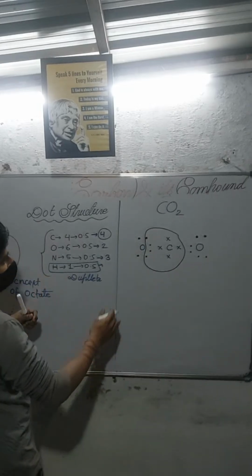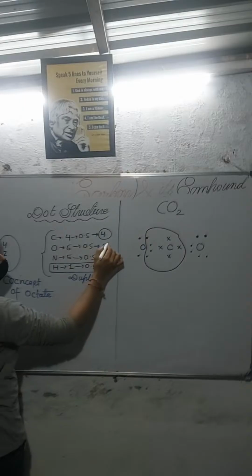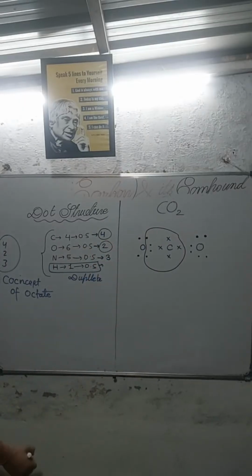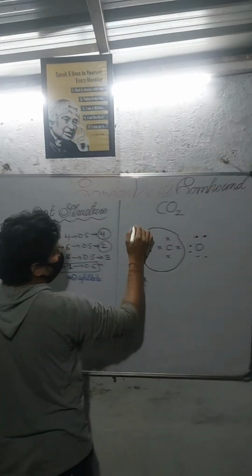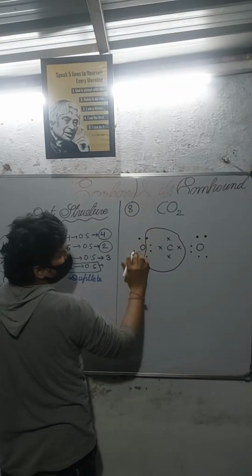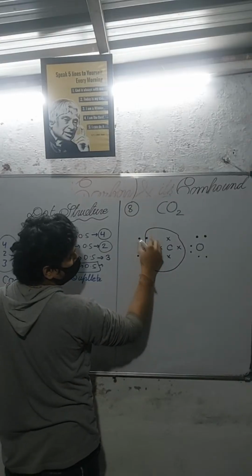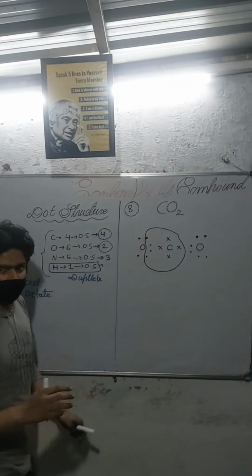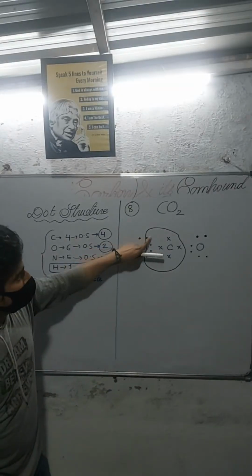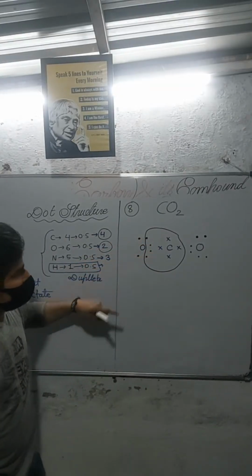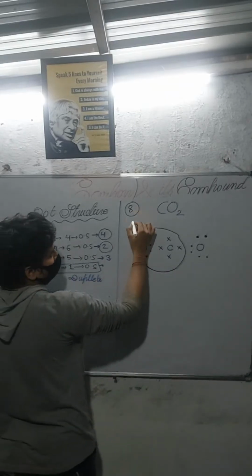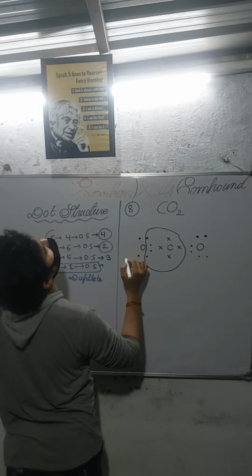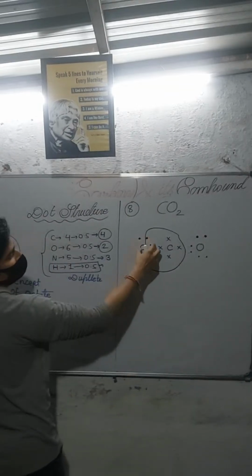And now we talk about oxygen. So how many electrons does oxygen require? 2. That means 6 plus 2 is 8. So oxygen requires a total of 8. So oxygen: 2 plus 2 is 4, plus 2 is 6. Once again, 1, 2, 3, 4, 5, 6. They need 2 more. So oxygen completes its octet, my dear children. Look, 6 they already have.